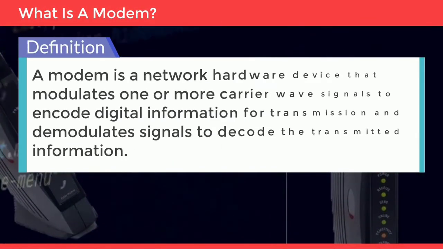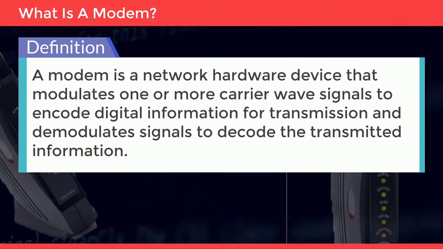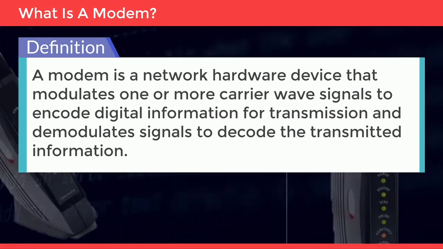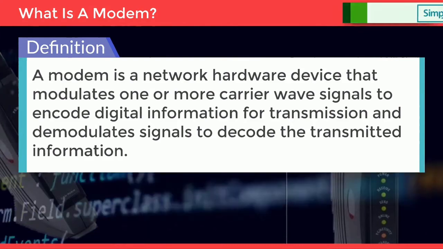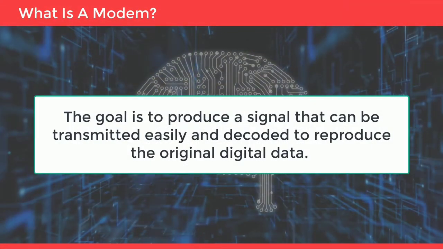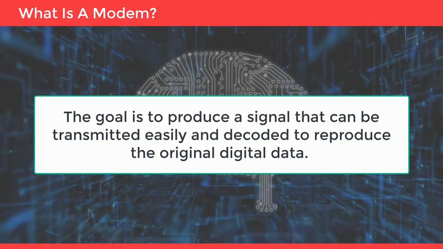A modem is a network hardware device that modulates one or more carrier wave signals to encode digital information for transmission and demodulates signals to decode the transmitted information. The goal is to produce a signal that can be transmitted easily and decoded to reproduce the original digital data.